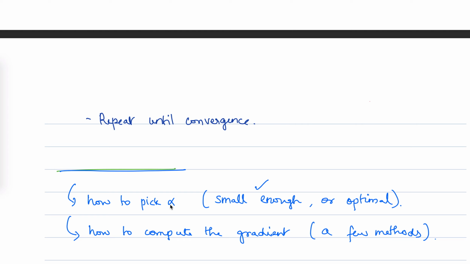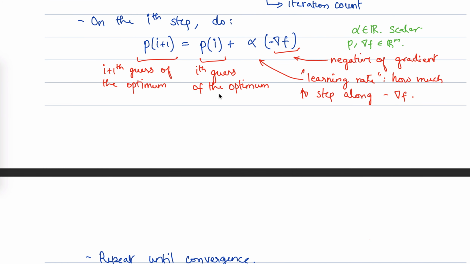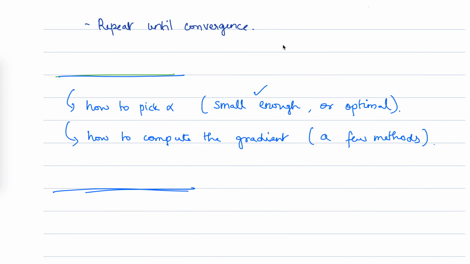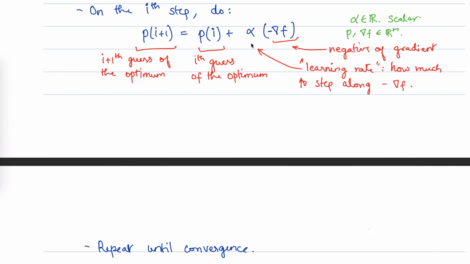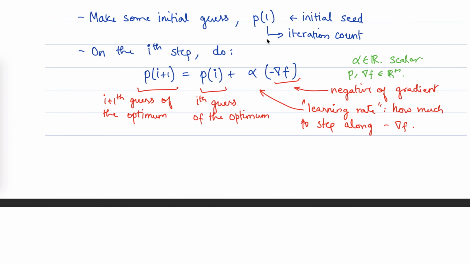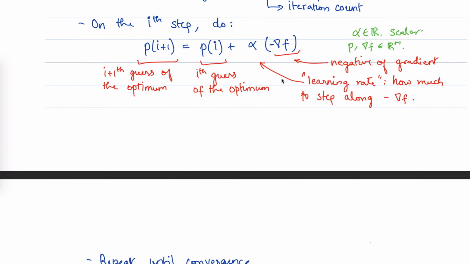So that's about alpha. And then how do you compute the gradient? There are a few methods for computing the gradient. Some are numerical, some are analytical, some are in between. Some are high accuracy, some are low accuracy. In any case, it just has to do with differentiating the function with respect to p.